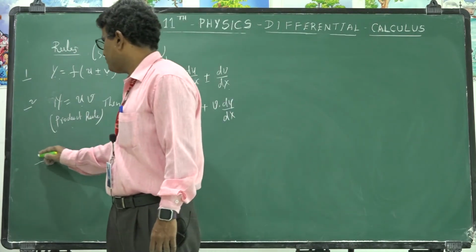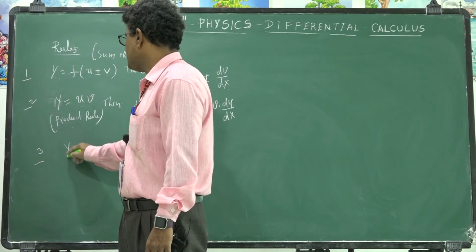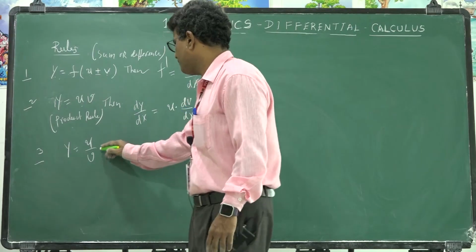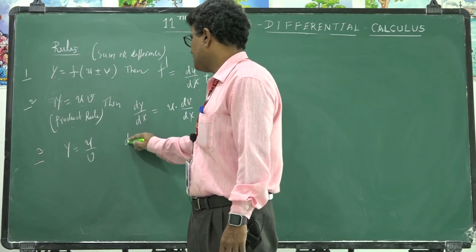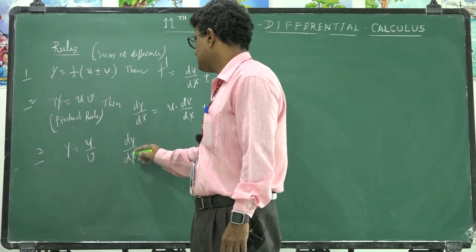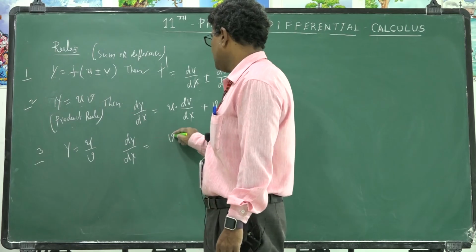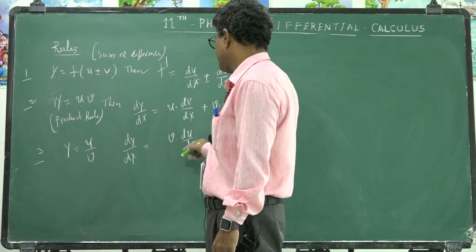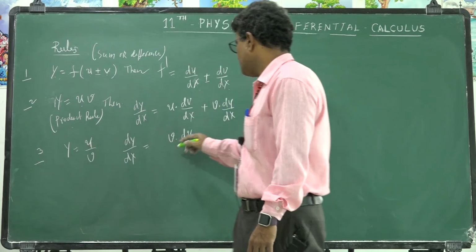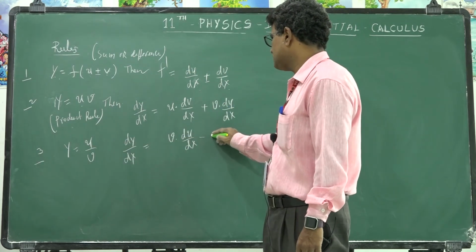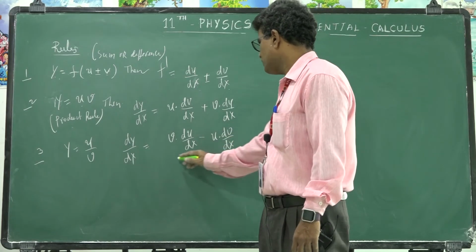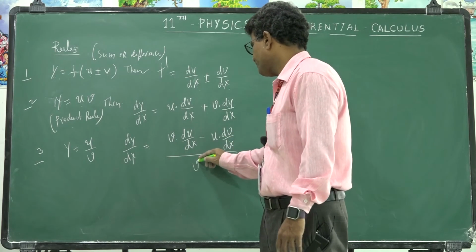This is the uv function. Third one, y is u by v. Suppose, then dy by dx is v into du by dx minus u into dv by dx, all by v square.